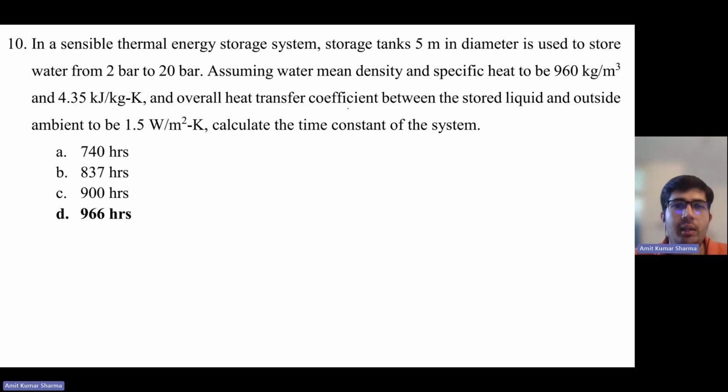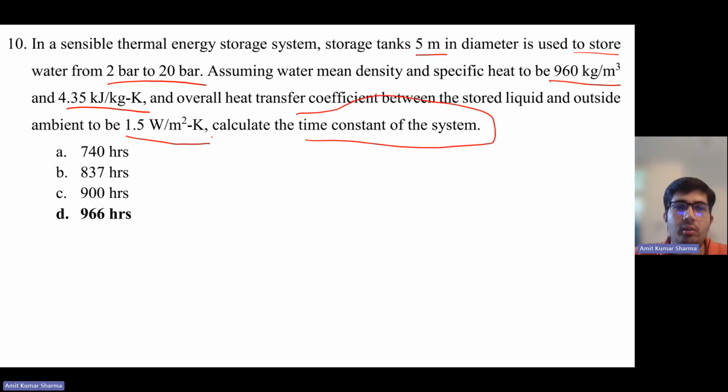Assume water mean density of 960 kg per meter cube and specific heat of 4.35 kilojoule per kg Kelvin, and an overall heat transfer coefficient between the stored liquid and outside ambient of 1.5 watt per meter square Kelvin. Now calculate the time constant for the system.